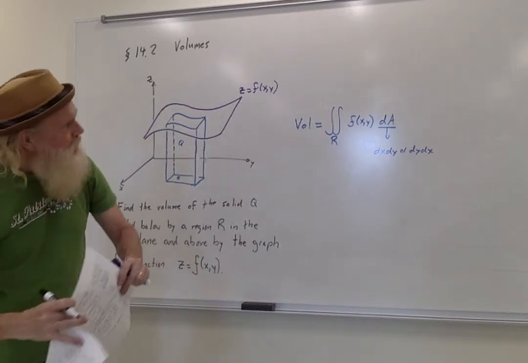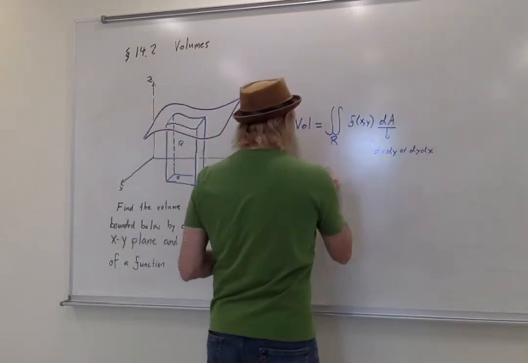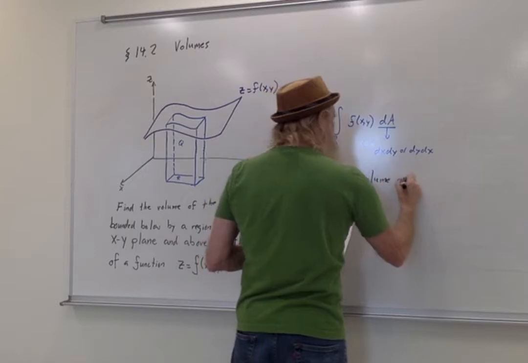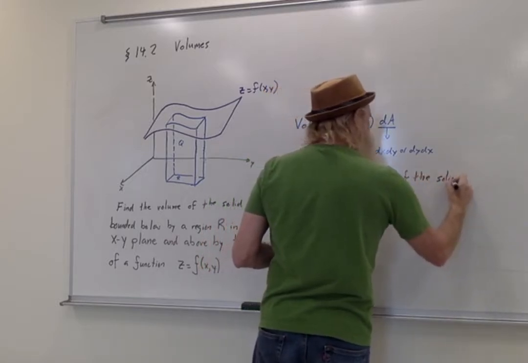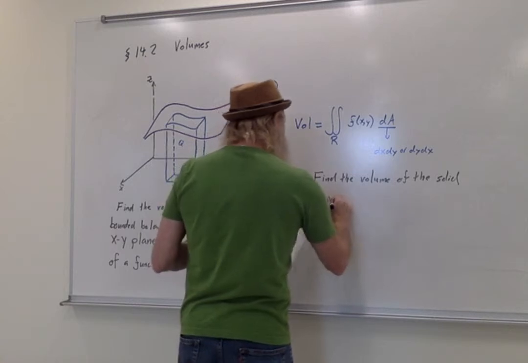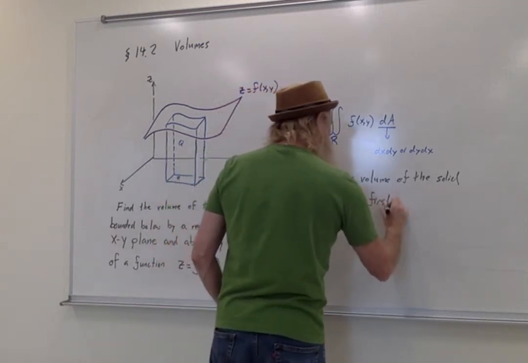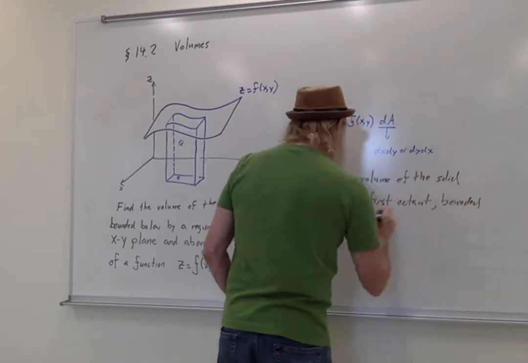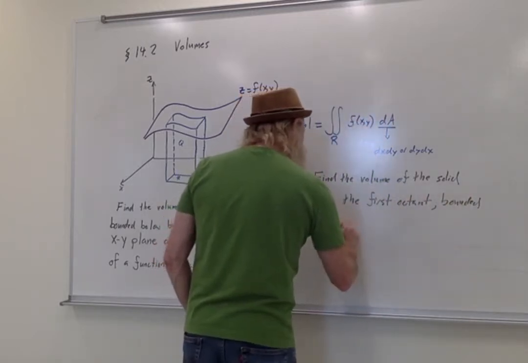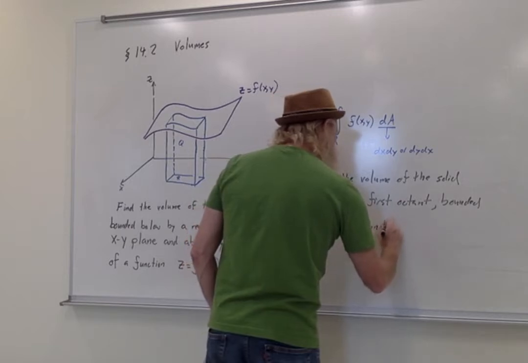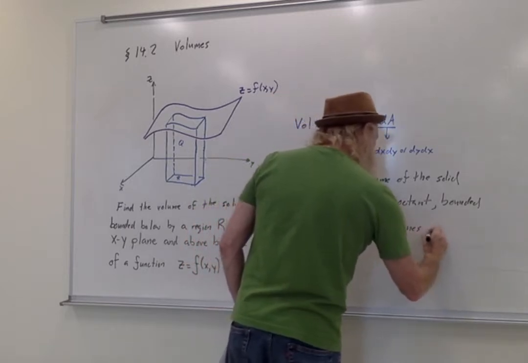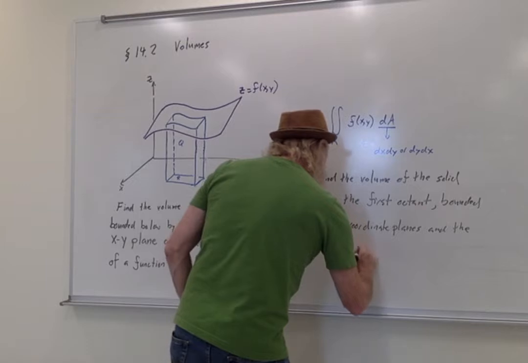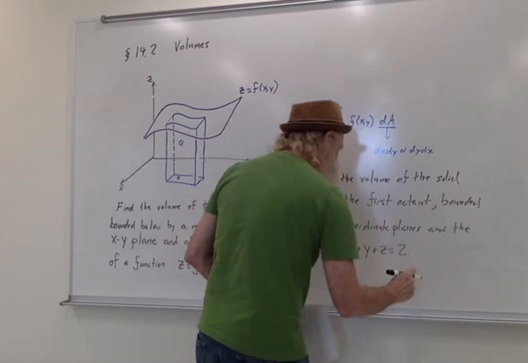So as an example, let's find the volume of the solid Q in the first octant bounded by the coordinate planes and the plane x plus y plus z equals 2.